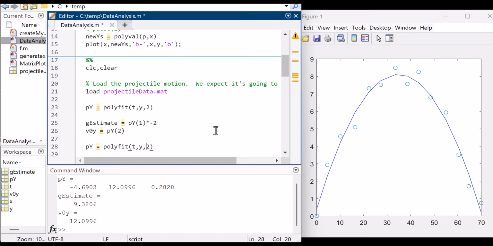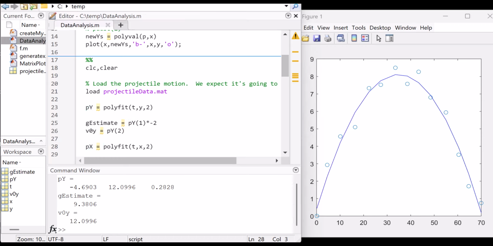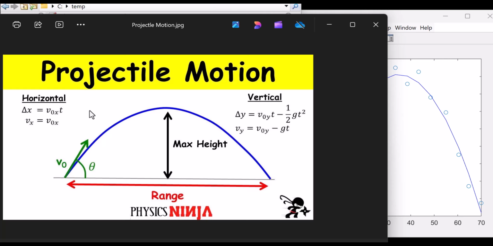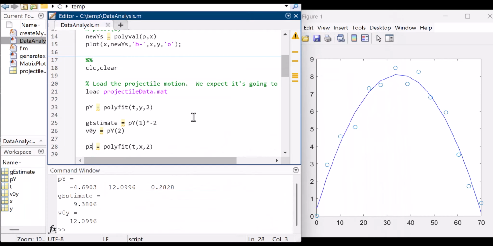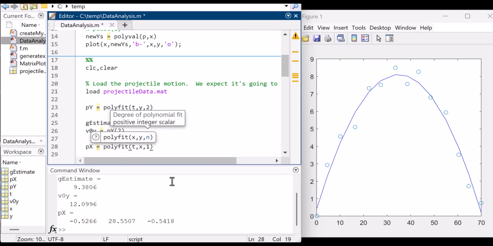But this is different because when I polyfit, the x is actually just linear. There's no t squared here. If I try to t squared it, I'm guessing it's going to come out pretty close to 0, and it does. But I'm going to go ahead and tell it it's just a linear equation. Does that make sense? So I'm telling it it's a linear equation, not a squared equation.